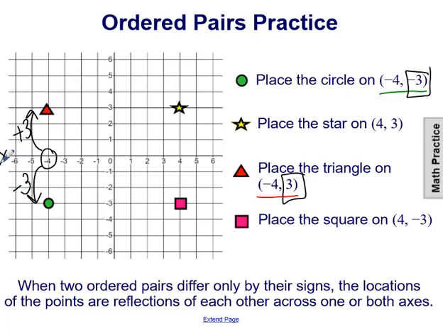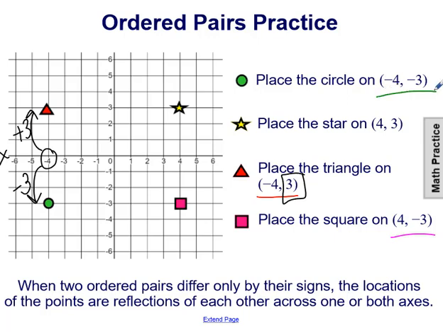This is versus if we, let's say, compare the circle to the square. The circle is located at -4, -3, but the square is located at 4, -3. So here, they actually have the same y values, right?